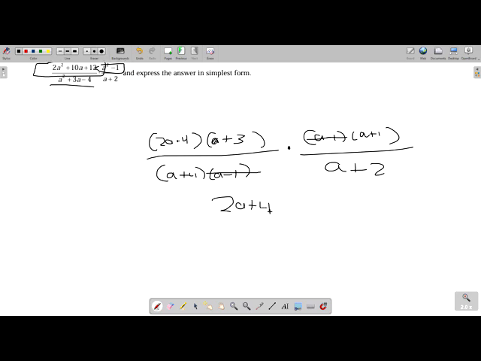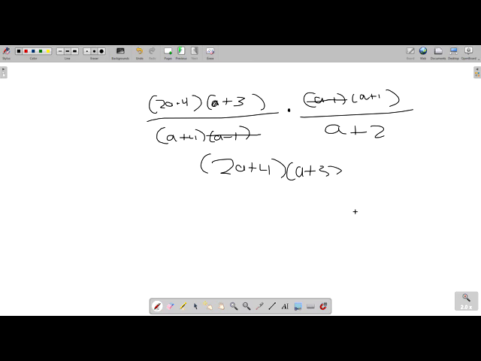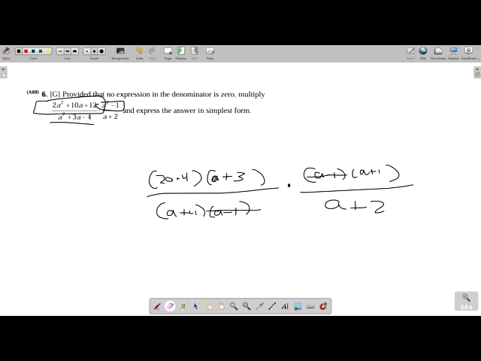2a plus 4 times... Guys, sorry, there was a slight mistake. I forgot to factor 2a plus 4. You can do it as 2 times a plus 2.